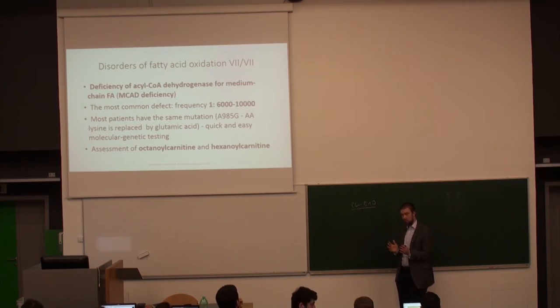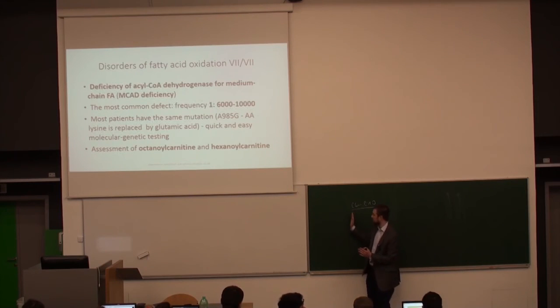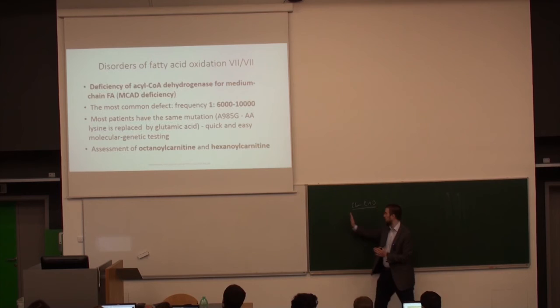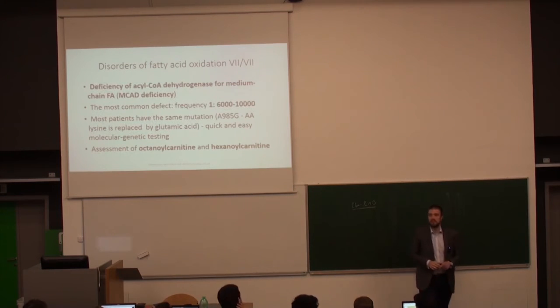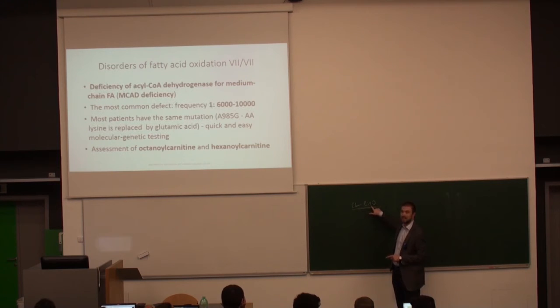If you have the short chain dehydrogenase defective, it will be this smaller. If you have the long chain, it will be this. You said C6? C10. They have some overlap, you know. That's octanoyl, that's C8. That's C6, C8, C10.